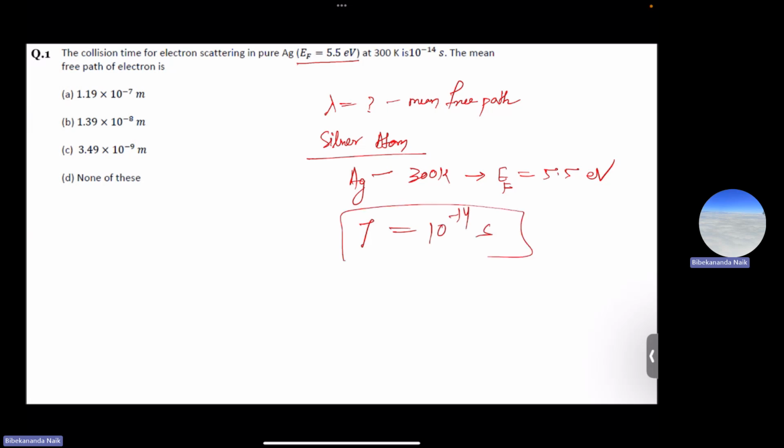So we need to find out the mean free path, given the collision time and the Fermi energy of silver at 300 Kelvin.